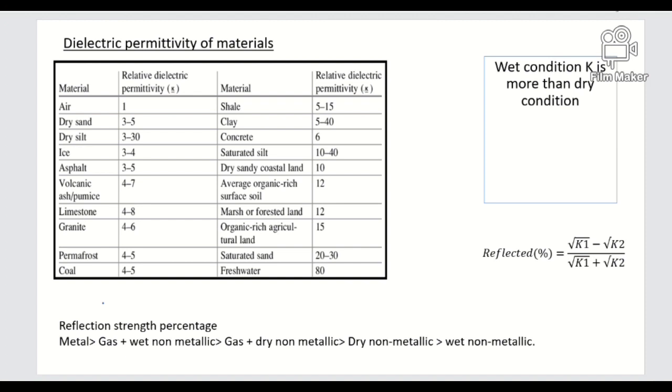So metal has greater reflection and strength percentage than any wet non-metallic pipe or drainage system, and it is also greater than gas or dry non-metallic.